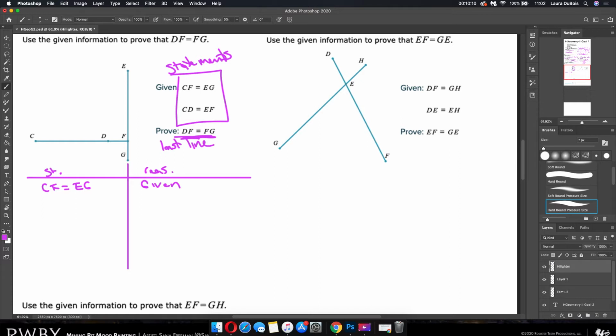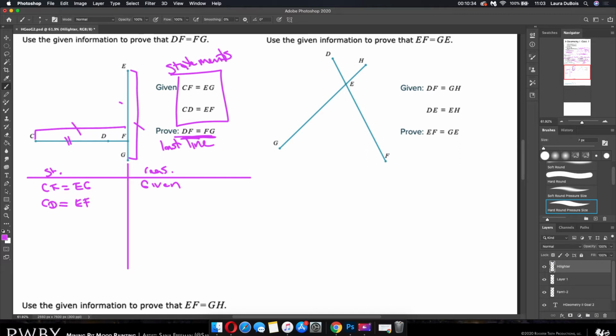So if I know that CF and EG are equal, I'm going to look for CF and I'm going to label it, and I'm going to look at EG and I'm going to label it with those little tick marks. The tick marks you should be familiar with from earlier and in chapter 1. What else are we told? We are told that CD is equal to EF.